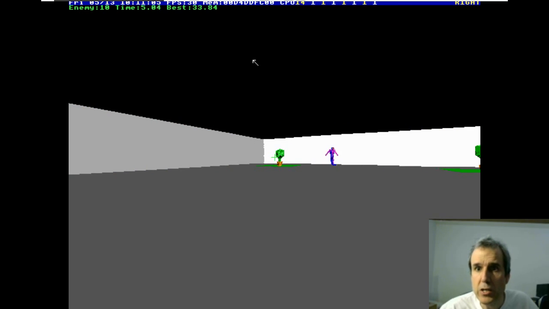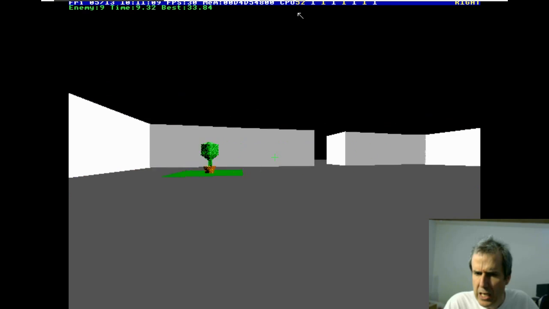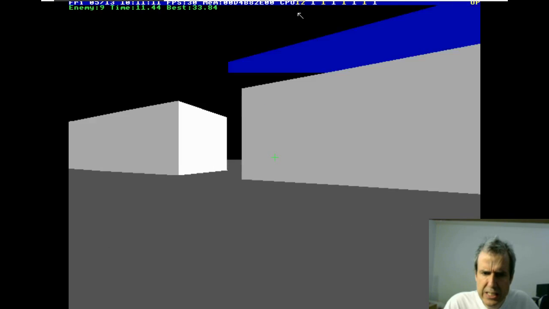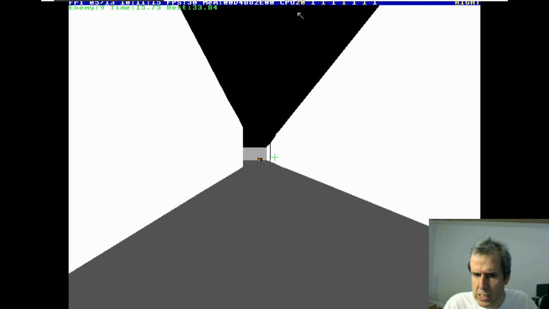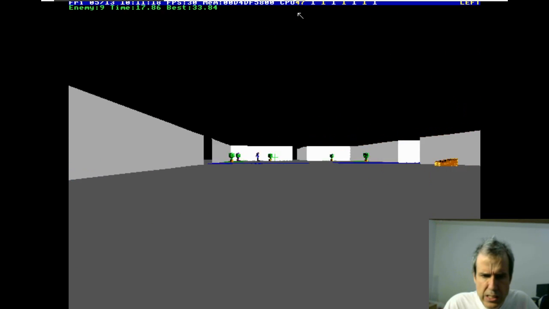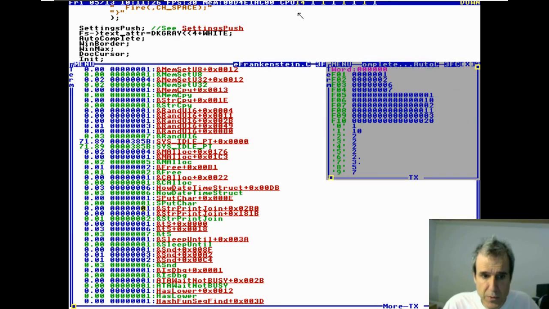We're using about 20% of the CPU. So it's idle 71%.